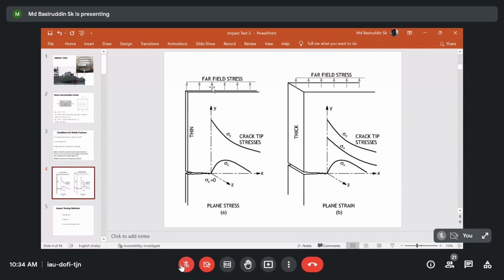then based on the loading direction, there must be stress variations along the length and the width direction, that is the x direction. So there must be certain stress variations along the x direction also, and this stress variation is not a directly applied stress but an induced stress.